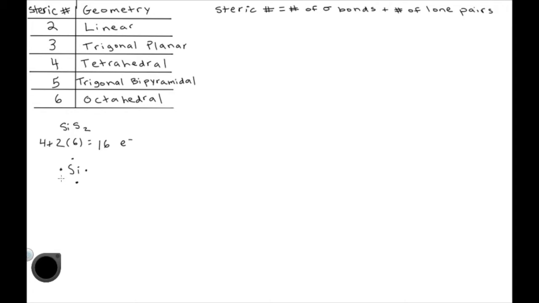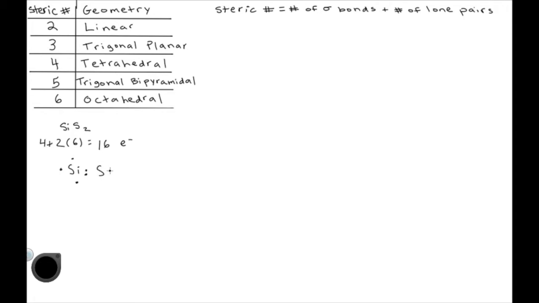And we know that silicon is our central atom because our central atom is usually the least electronegative atom. Since silicon is less electronegative than sulfur, we start with silicon. We connect our 2 sulfurs to silicon using covalent bonds, or a sharing of 2 electrons. So let's add 1 sulfur on each side of the silicon.